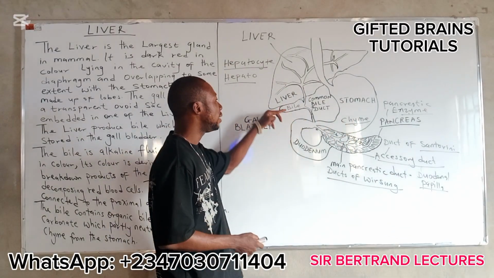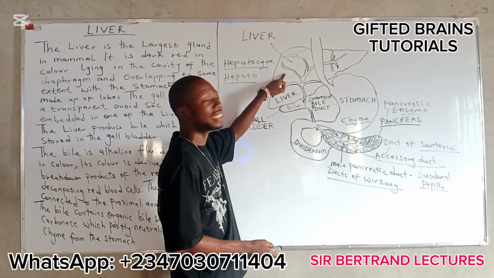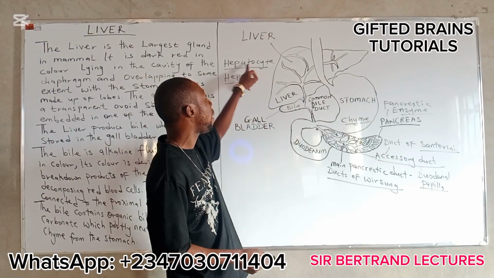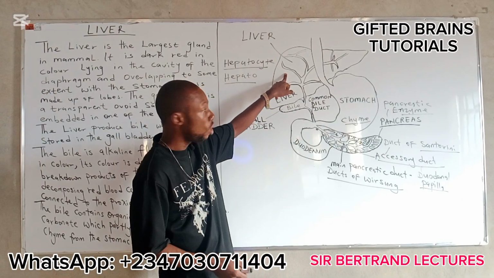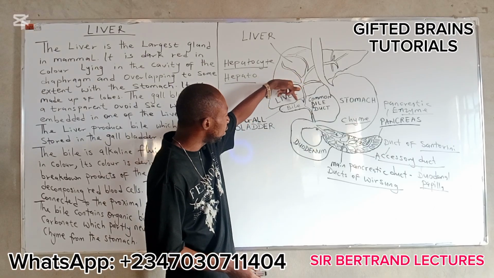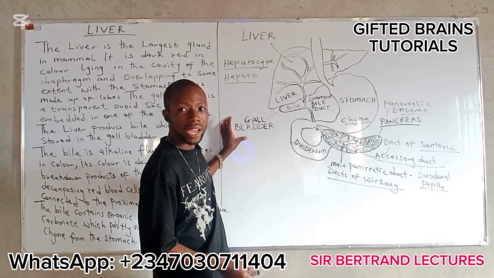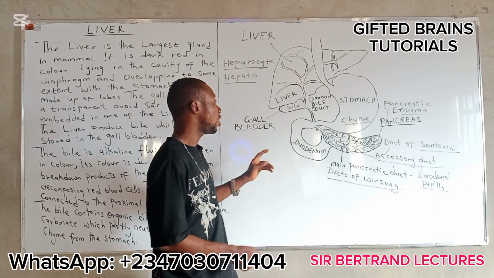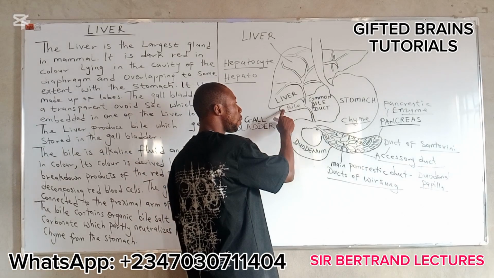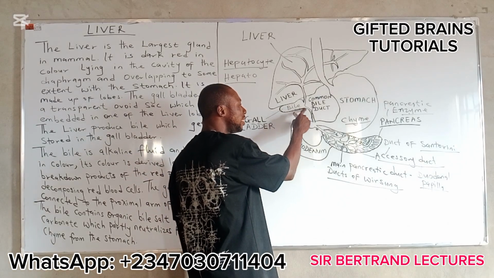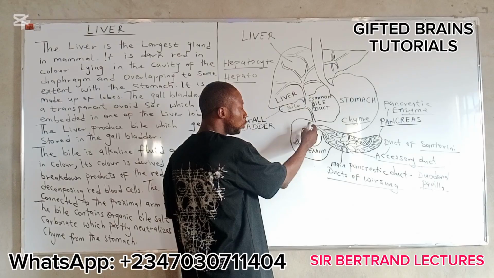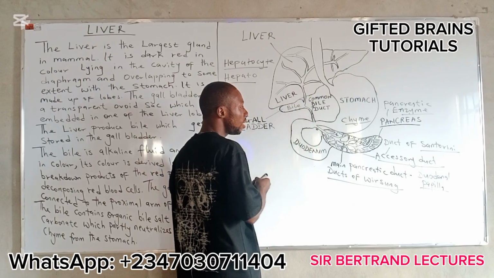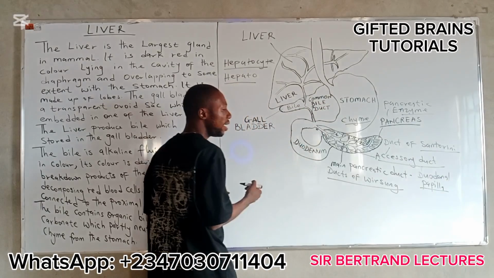Then here, the bile, which is synthesized by the hepatocytes of the liver, empties into the gallbladder where it is stored temporarily. Then from the gallbladder, the bile is emptied into the duodenum through the common bile duct.